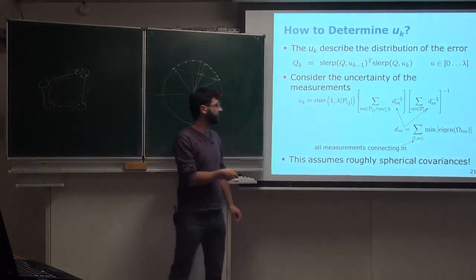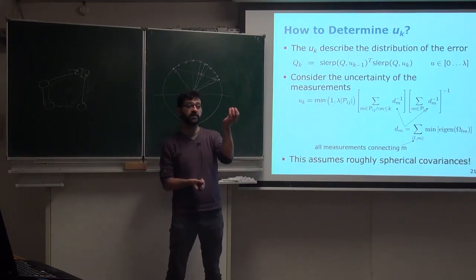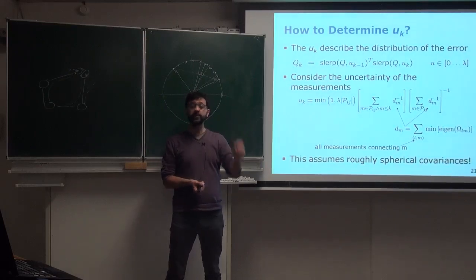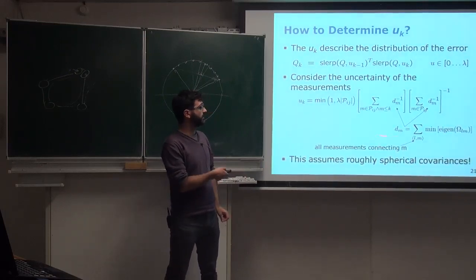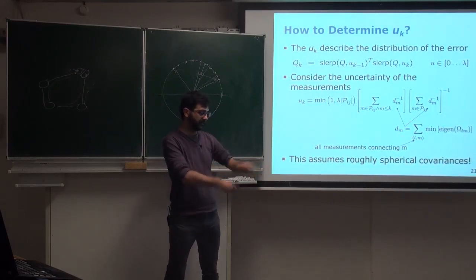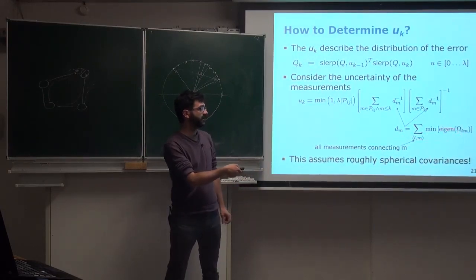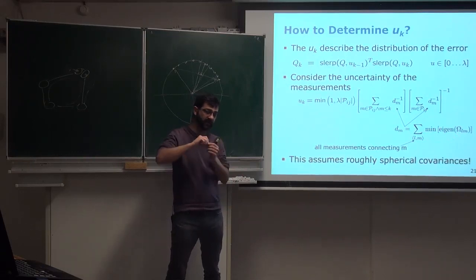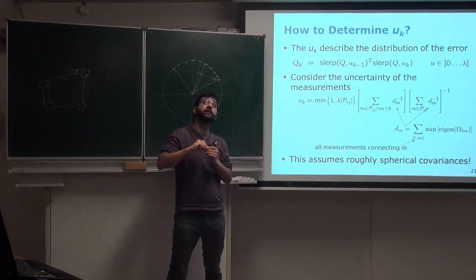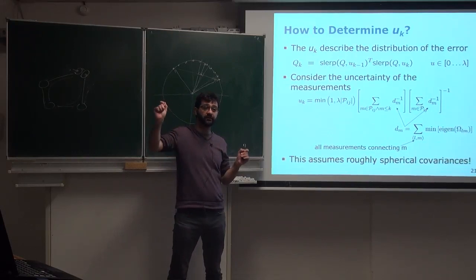The reason we are considering only one is that this U is a one-dimensional value. So we are basically saying we want to use the minimum eigenvalue of the information matrix, which is the direction with the most uncertainty.